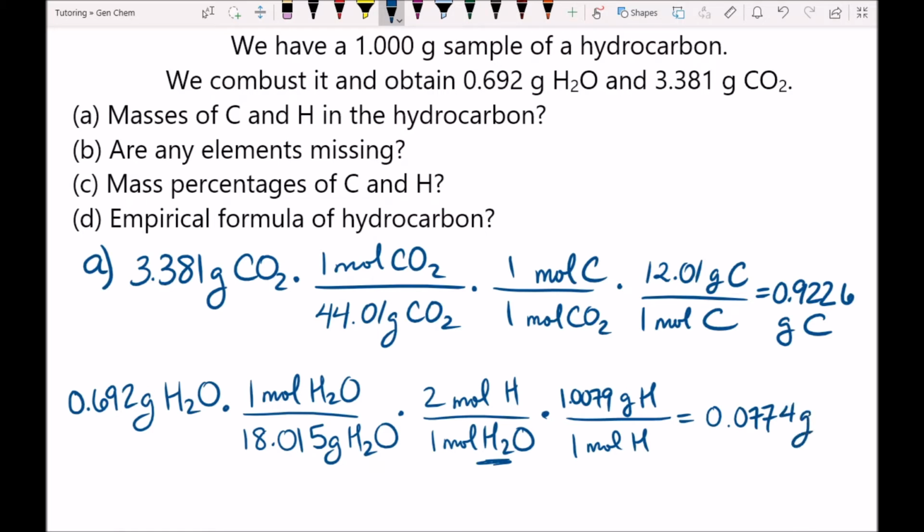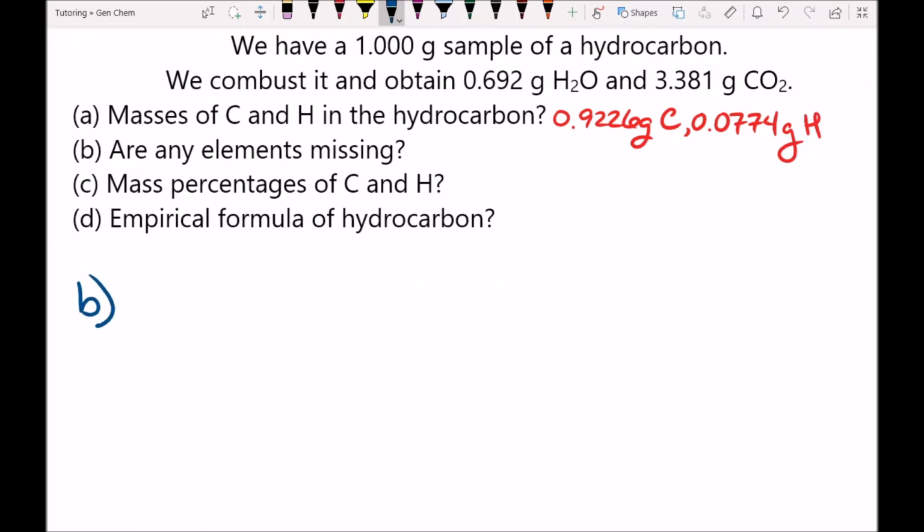0.0774 grams of hydrogen. So our masses of carbon and hydrogen in the hydrocarbon, we found we have 0.9226 grams of carbon and 0.0774 grams of hydrogen. Part B, are any elements missing?